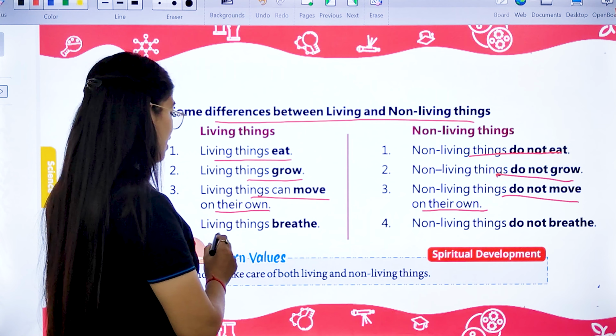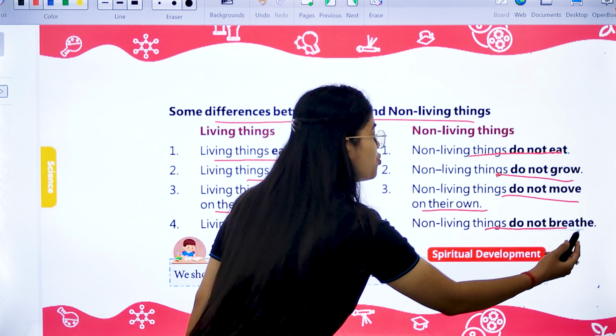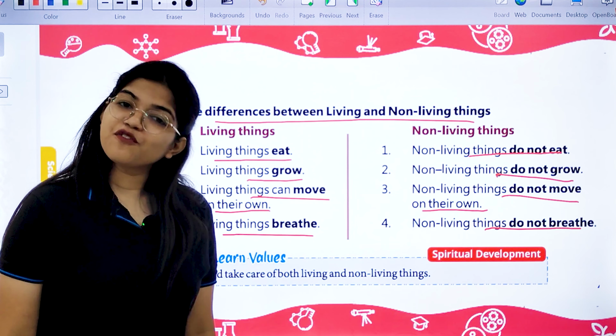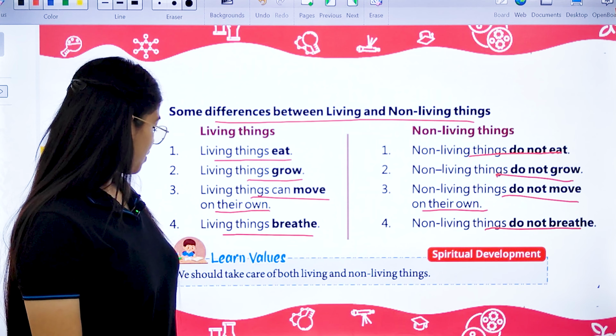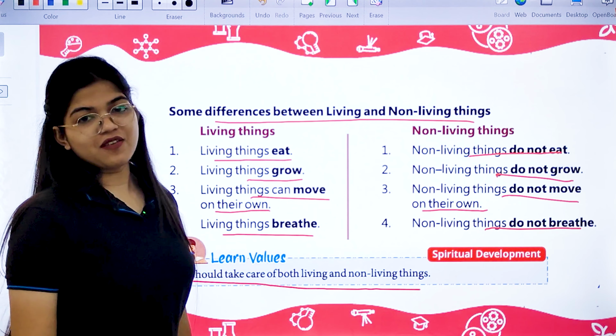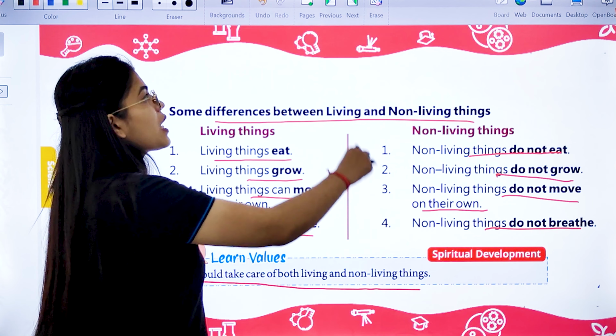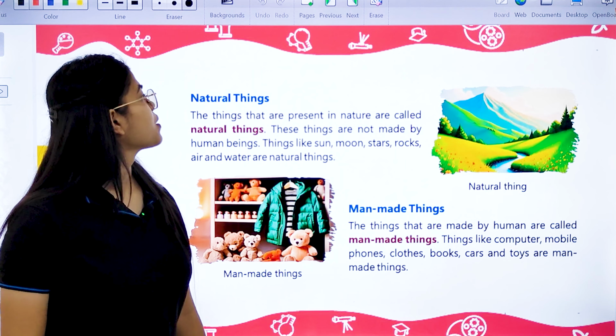Next, living things breathe, but non-living things do not breathe as they do not have life in them. We should take care of both, living and non-living things.